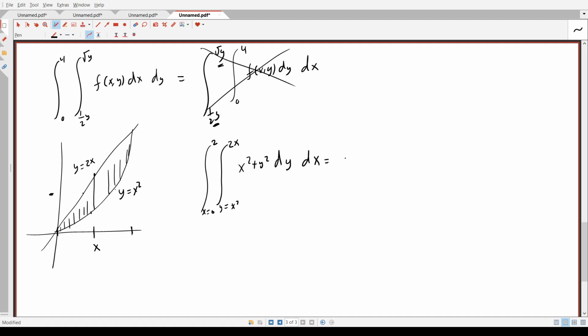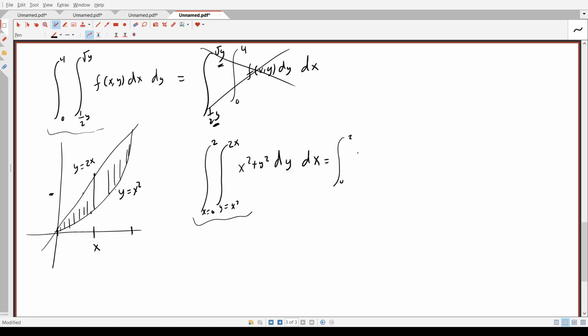So let's go ahead and start integrating. One thing to point out again is that the bounds, it's not like I was able to just flip-flop them. I had to look at the region and consider what happens when I want to do this the other way around. But I integrate, so I have integral from 0 to 2.